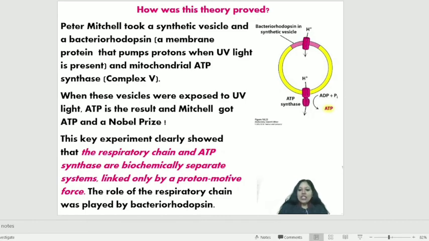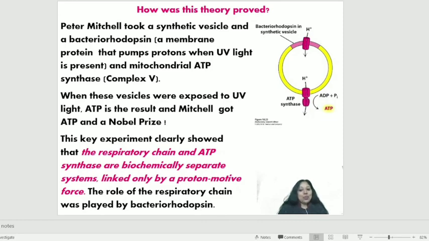But in a biological system, the pumping of protons is related to the transfer of electrons. If electrons are not there, you can still artificially synthesize ATP by having just a proton pump, a light source and your ATP synthase complex.